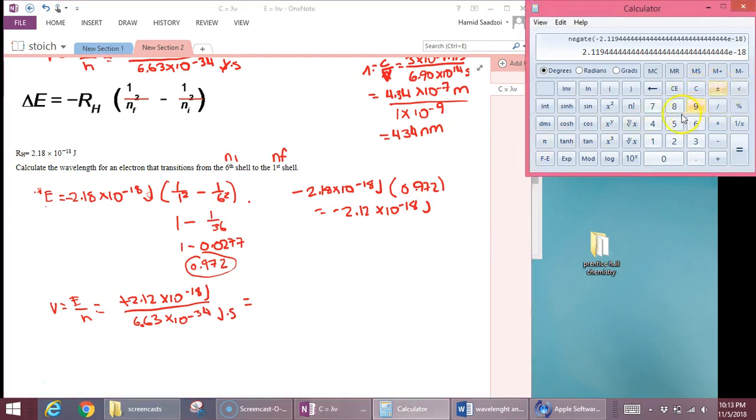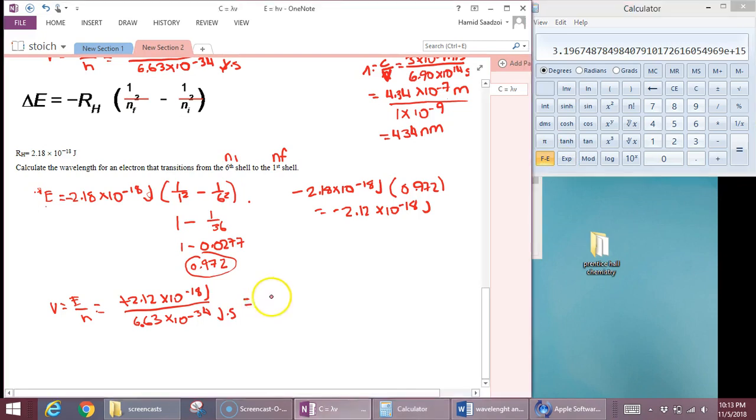So let's get rid of that negative sign, divided by 6.63 exponent negative 34. You get, in scientific notation, 3.196, so basically 3.20 times 10 to the 15th seconds to negative 1.